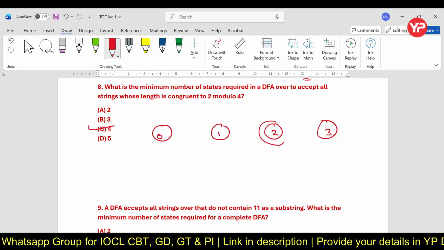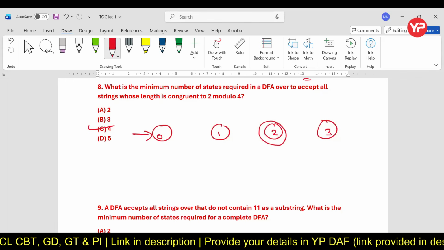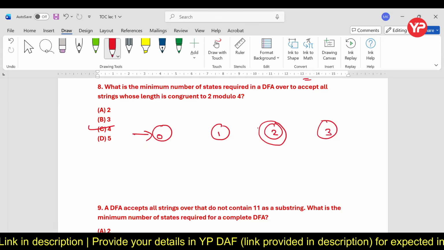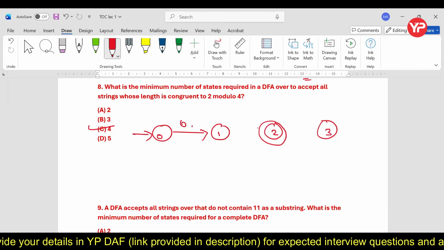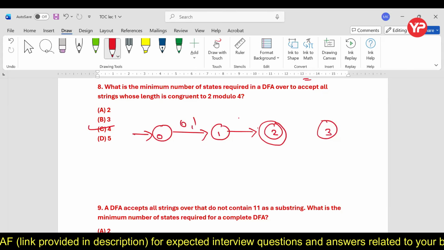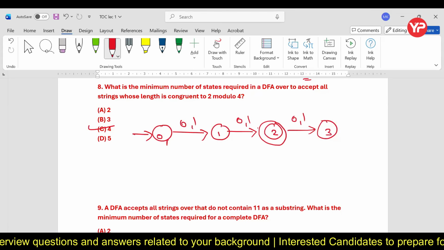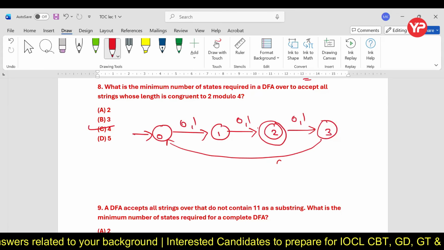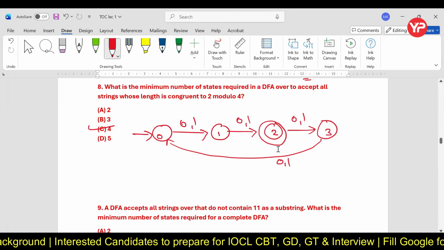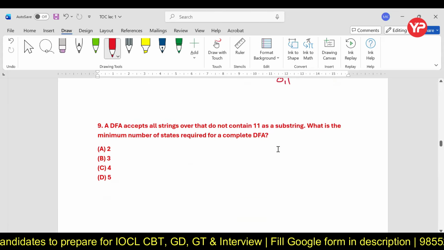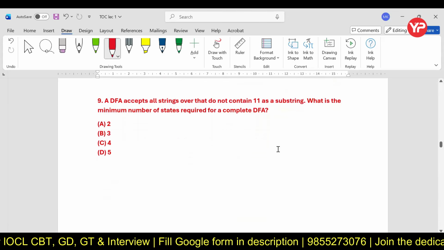So I want 2. So this is the final state. We are talking about only length, so on 0, 1, again 0, 1, and again 0, 1. Getting my point? Yes.